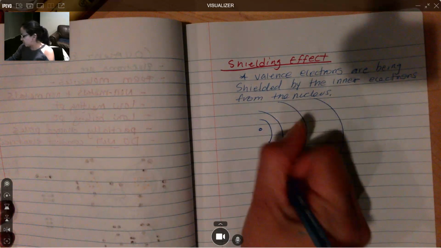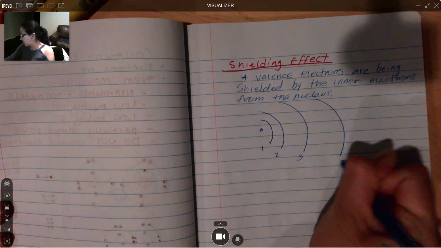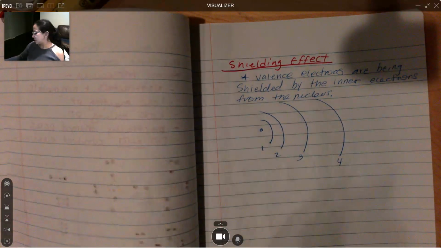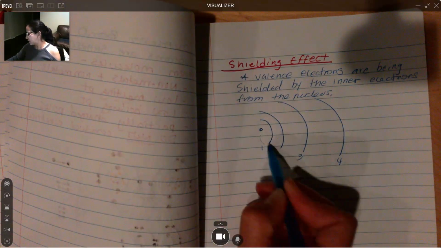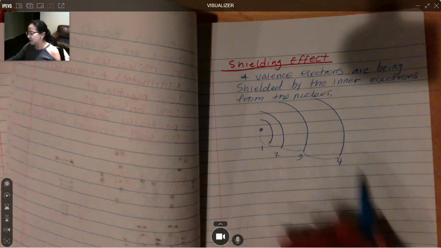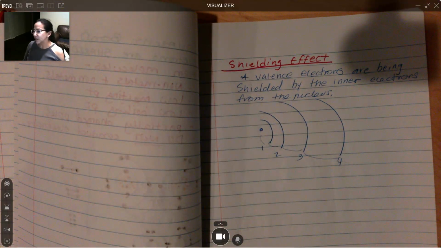I only drew some of them. So this is 1, 2, 3, and 4. You guys notice that the separations between them has increased, and that's because the effective nuclear charge isn't as strong anymore as you add those layers to it.